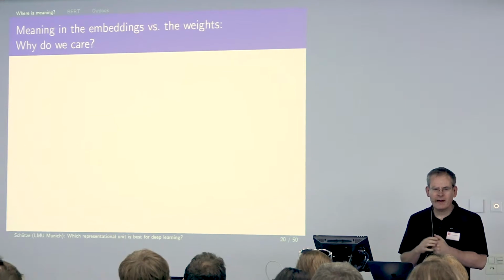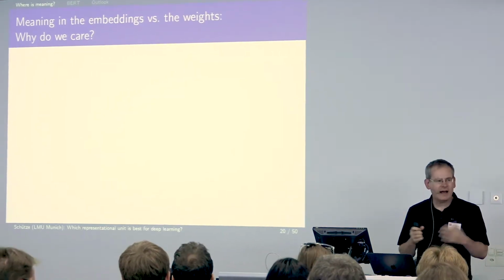Okay, so why do we care about this? The meaning can either be in the embeddings or the weights, and there are different trade-offs you can make. Why is this a question we want to discuss? My hypothesis here is that meaning in the embeddings is easier to learn. And why is that the case? The first reason is that you have no potentially catastrophic interference.